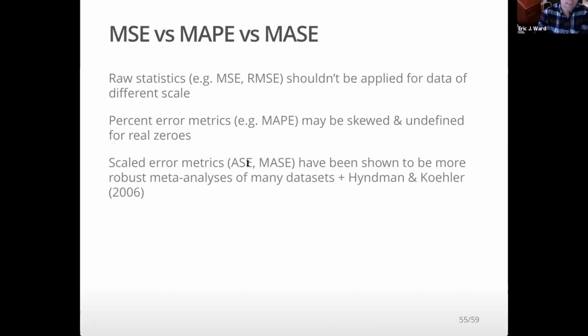In general, these ACE and MACE statistics have been found to be a little bit more robust across simulated data sets. And so I think that's the best practice probably. But there are situations where you're also going to get very similar performance to mean squared error or root mean squared error when you use each.